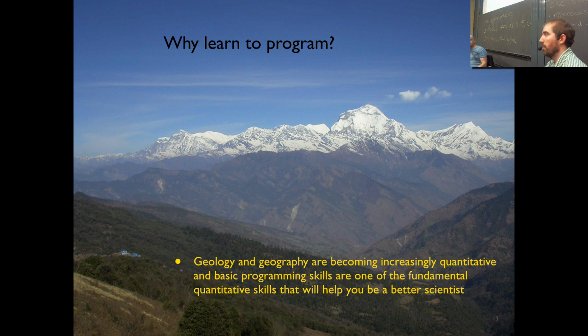In terms of why you want to know, I can certainly speak for geology and say that it's becoming more and more quantitative. The time when you could just go out and observe things and describe landscapes and geological features is fading. Now there's a need to understand processes, to bring in some kind of simple model to relate to geological observations, and I think exactly the same thing is going on in geography.